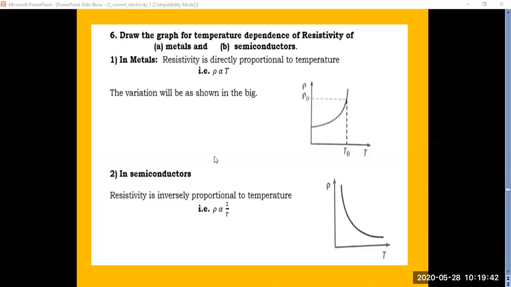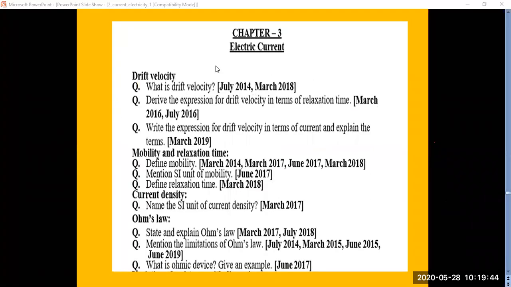Okay. So the next question is, from the chapter of current electricity, which year, how many questions have appeared, and I have put them into subdivisions by topic. See, your first question is, what is drift velocity, and it has appeared once in July 2014 and a second time in March 2018.